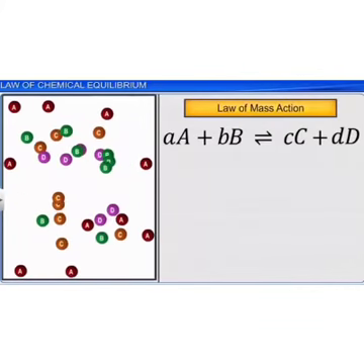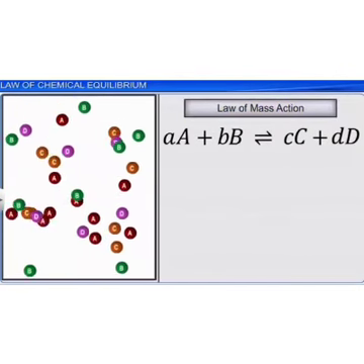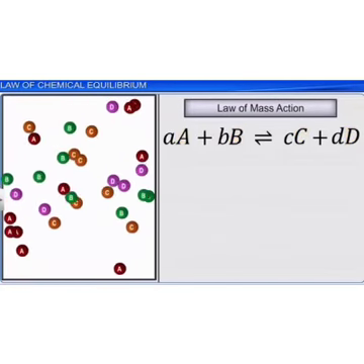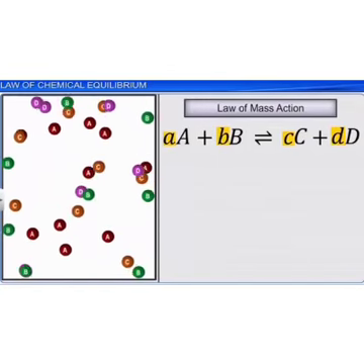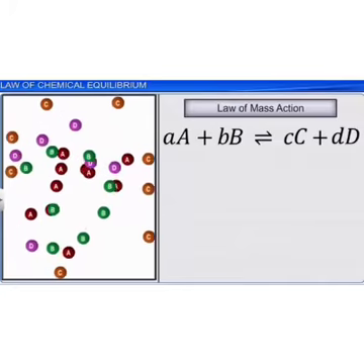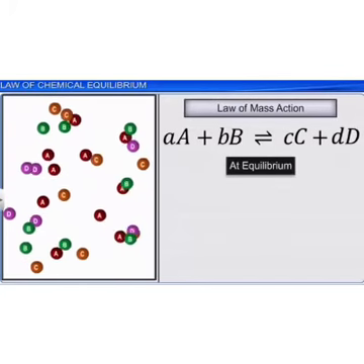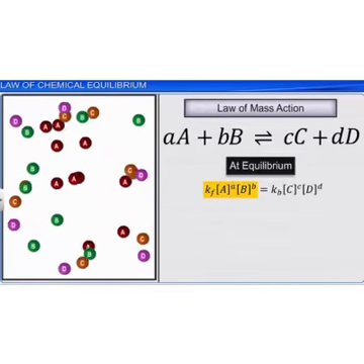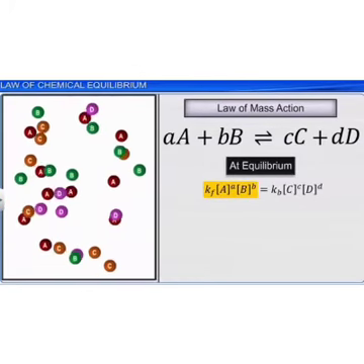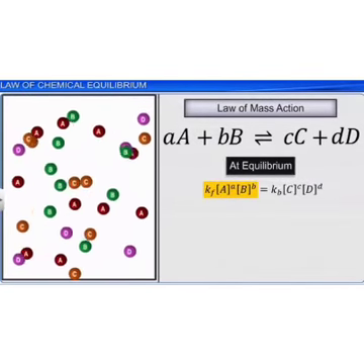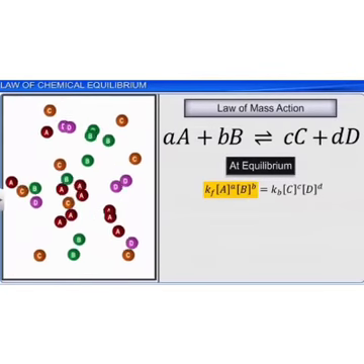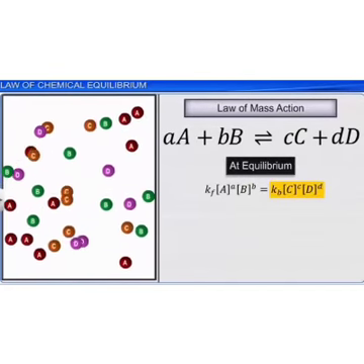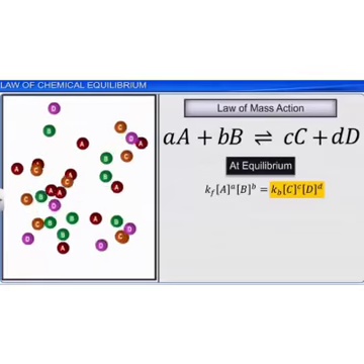On applying the law of mass action, the rate of such a reaction is proportional to the concentration of each species raised to a power equal to the stoichiometric coefficient of the reaction. It, therefore, follows that at equilibrium, Kf multiplied by the product of the concentration of the reactants A raised to the power of a and B raised to the power of b is equal to Kb multiplied by the product of the concentration of the products, C raised to the power of c and D raised to the power of d.